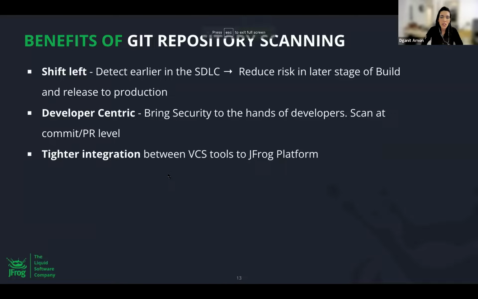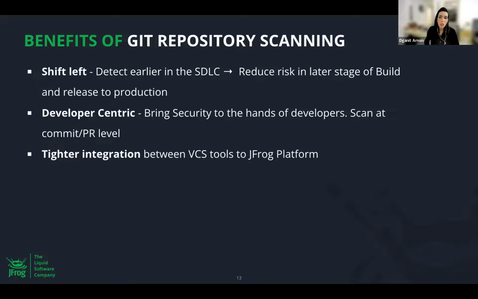Okay, so first let's talk about why Git repository scanning. So as you all know, today we're scanning binaries, we're scanning builds. We also scan release bundles before releasing to production. We are covering a big part of our software development lifecycle.